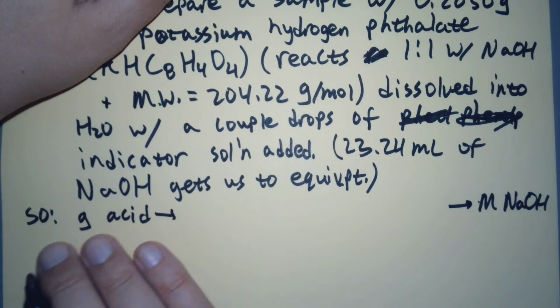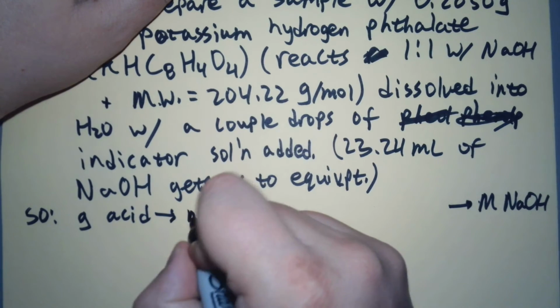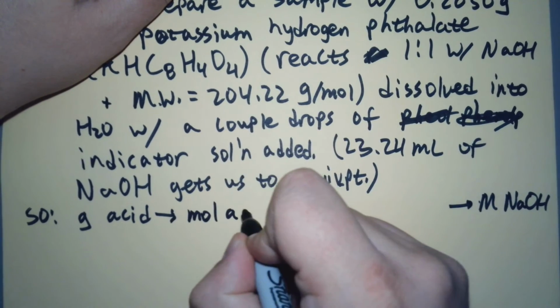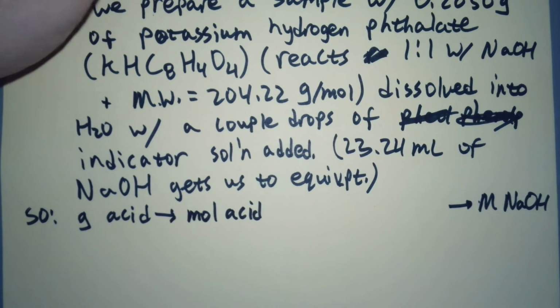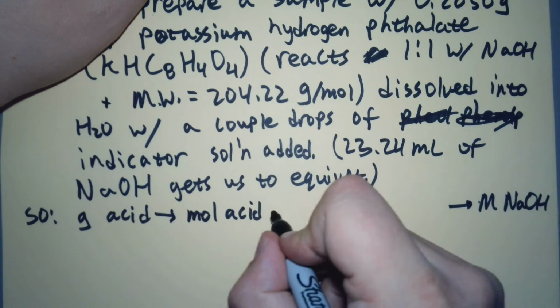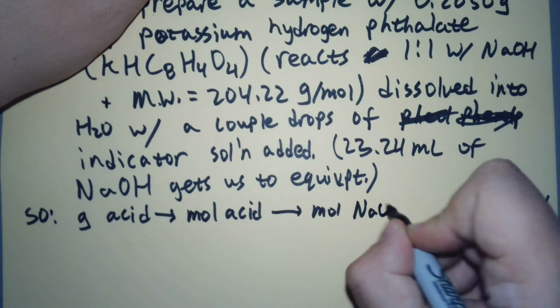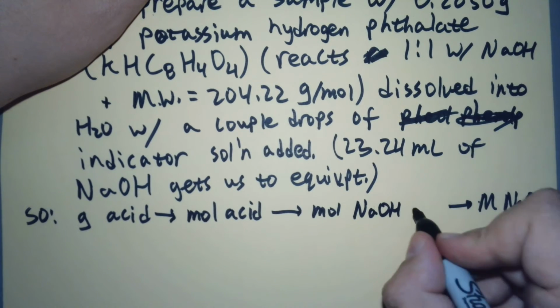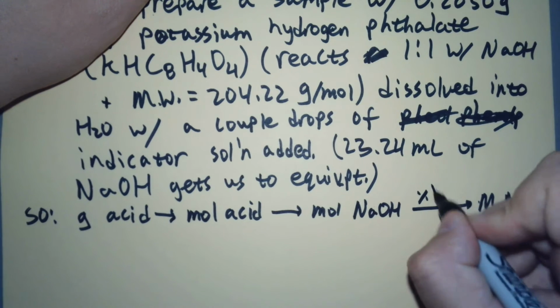This is the good old-fashioned way. You gotta love a solid that you can put on a balance, and that's what we have here. So it's our moles of acid, our potassium hydrogen phthalate. And then we can get this to moles of NaOH. And then we can go to molarity by dividing by volume here.